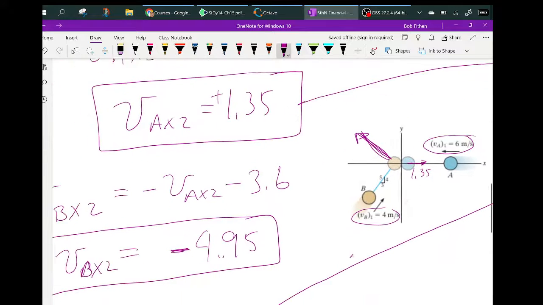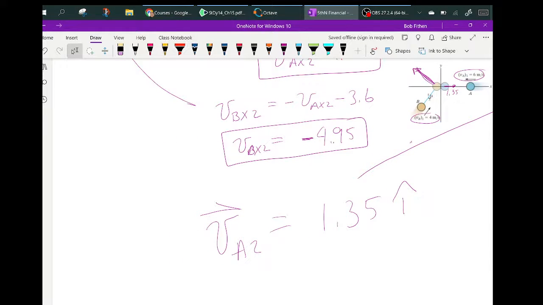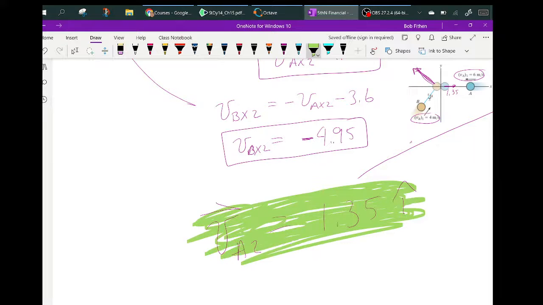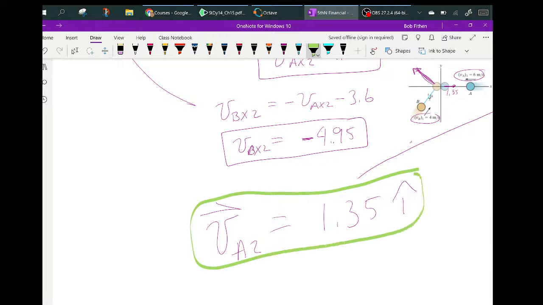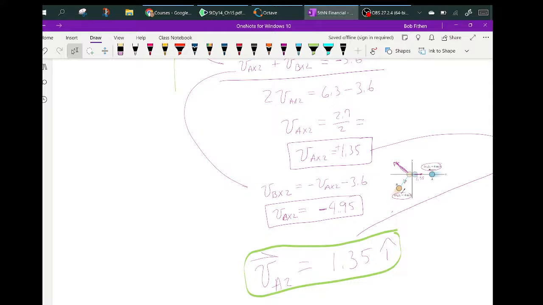Sorry about that. So there's your velocity answer for A. Now, let's look at what your answer for B is.